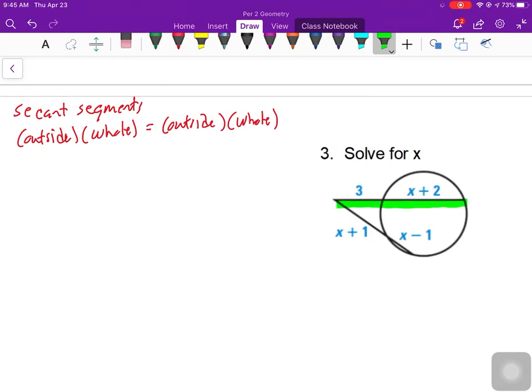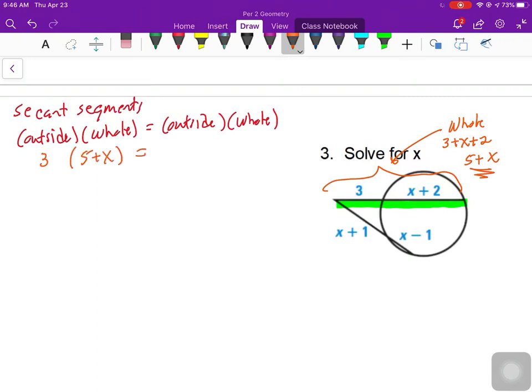Now let's talk about this one as our first secant segment. For the whole length, we'll have to take 3 plus x plus 2, which is really just 5 plus x. So on that one, the outside is 3, and the whole is 5 plus x.